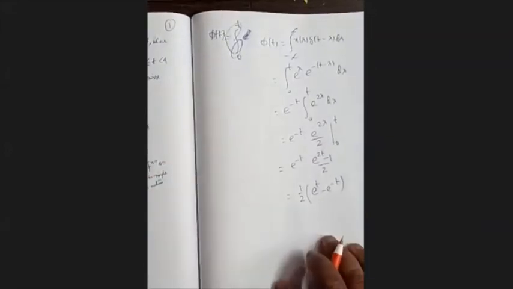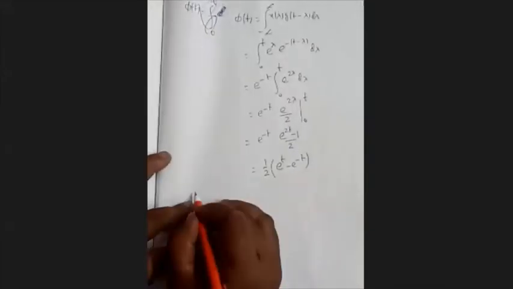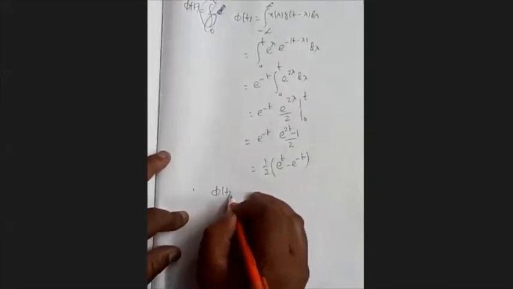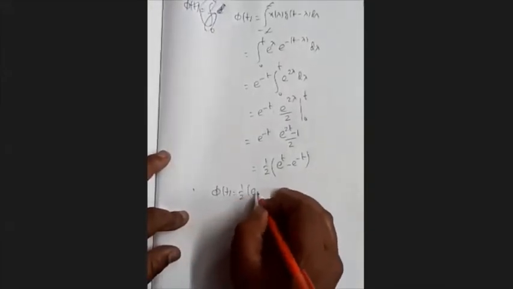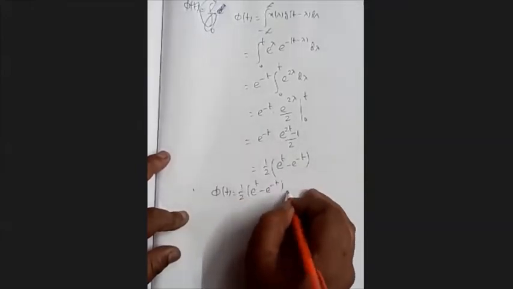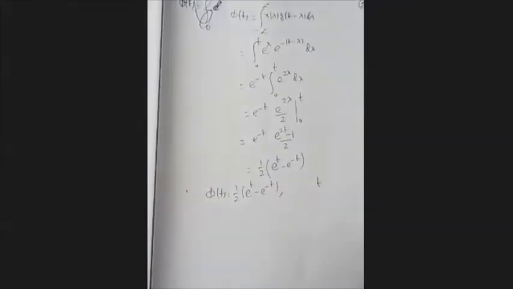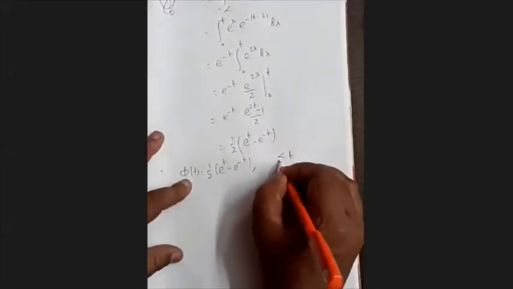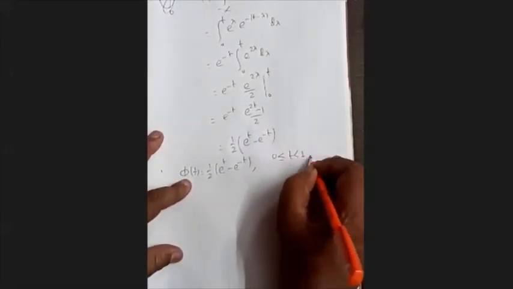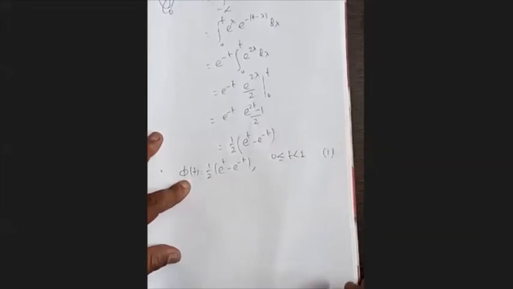Therefore, phi t equals half of e to the power t minus e to the power minus t. And what is the range of t? The range of t is already there: t is in between 0 and 1. So it's relation 1.